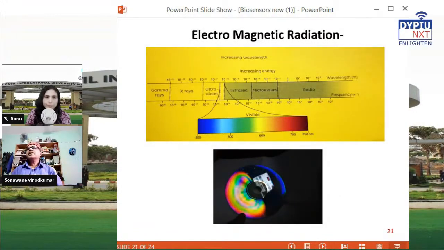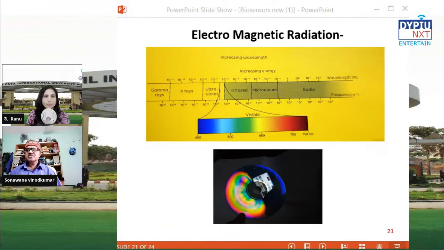Okay, here I wanted to explain the energy diagram. In the energy diagram, it is basically the electromagnetic radiation. So we can see here visible light, which ranges from 400 nanometer to 700 nanometer. And infrared devices work on a little higher side, which is 700 nanometer to 1 millimeter.